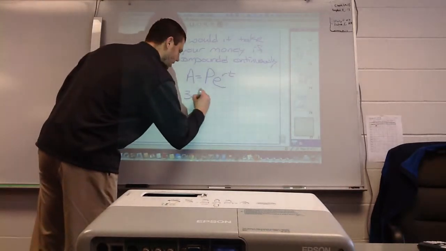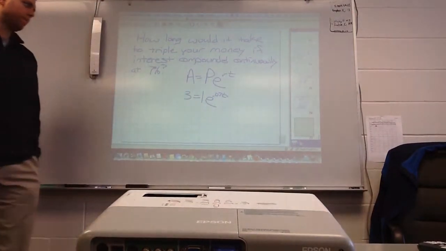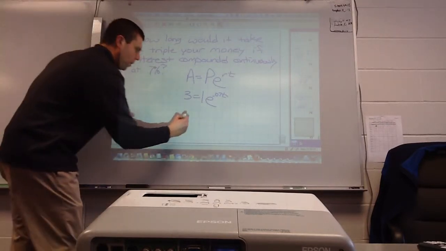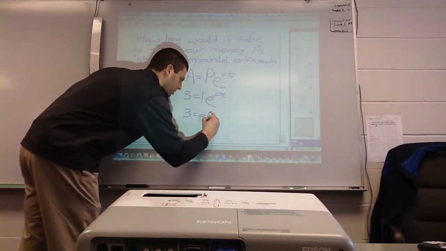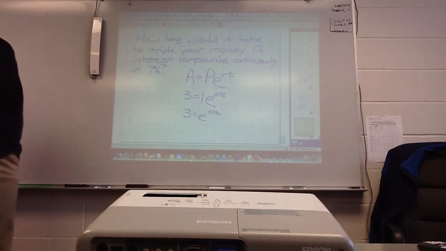So 3 equals 1 times e to the 0.07t power. Divide by 1, and you still have 3 equals e to the 0.07t power. Now all we've got to do is solve for t.